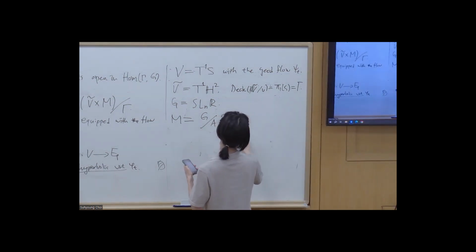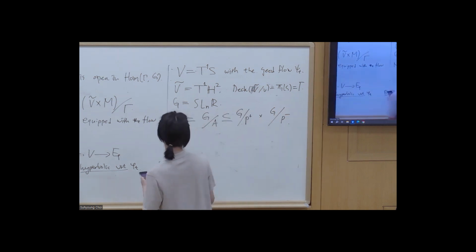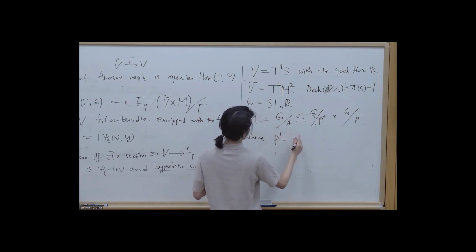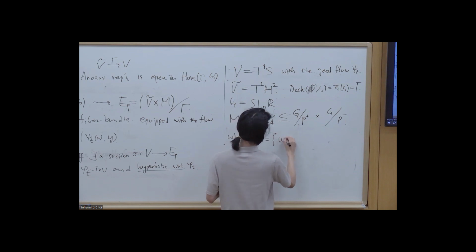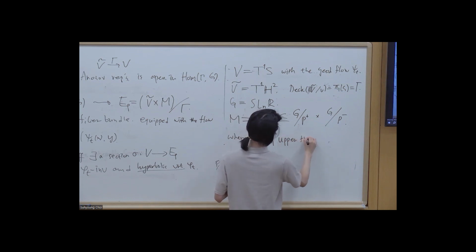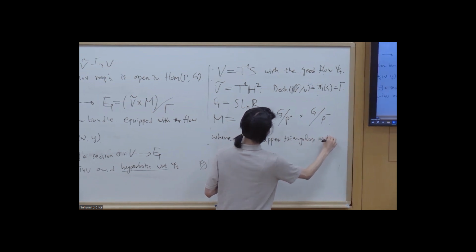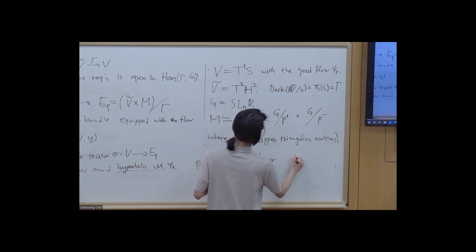They are sitting inside the product manifold P plus times P minus, where P plus is the set of all upper triangular matrices, and P minus, as you can expect, is the lower triangular matrices.